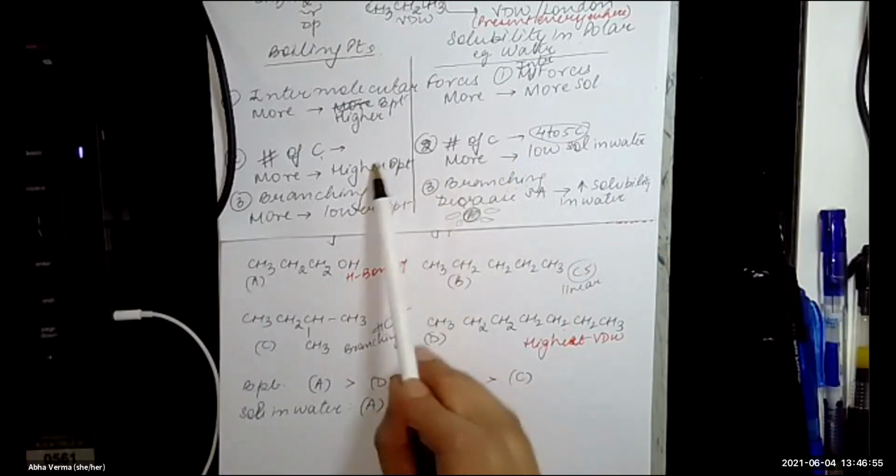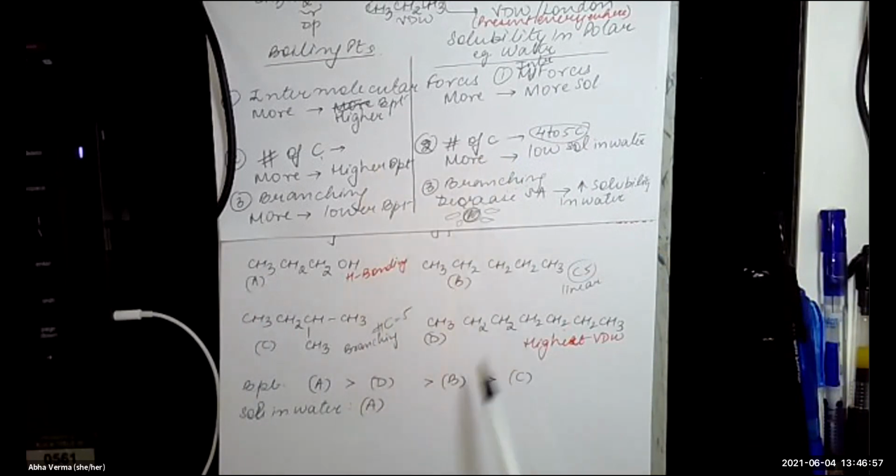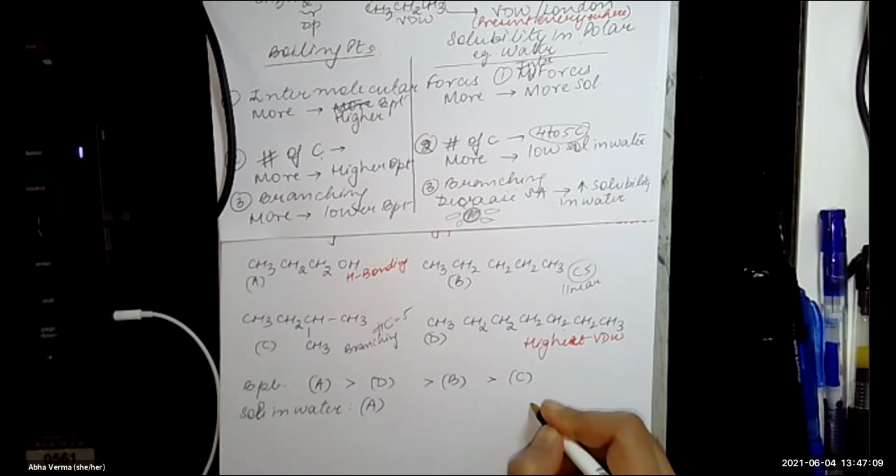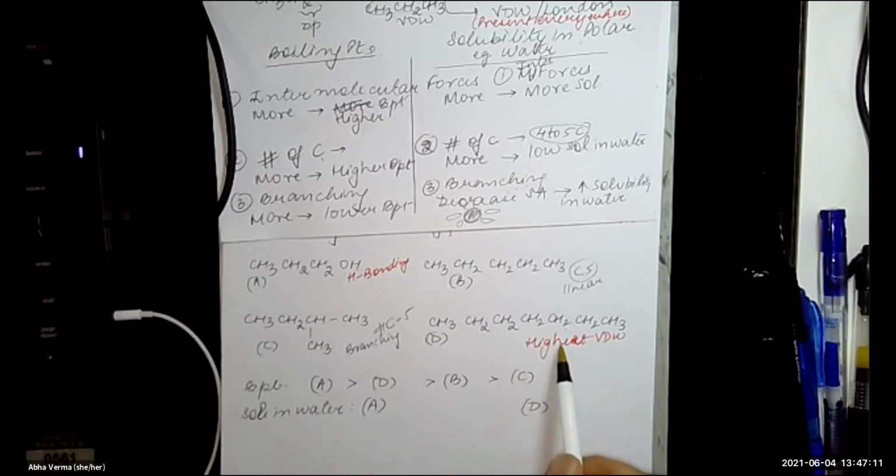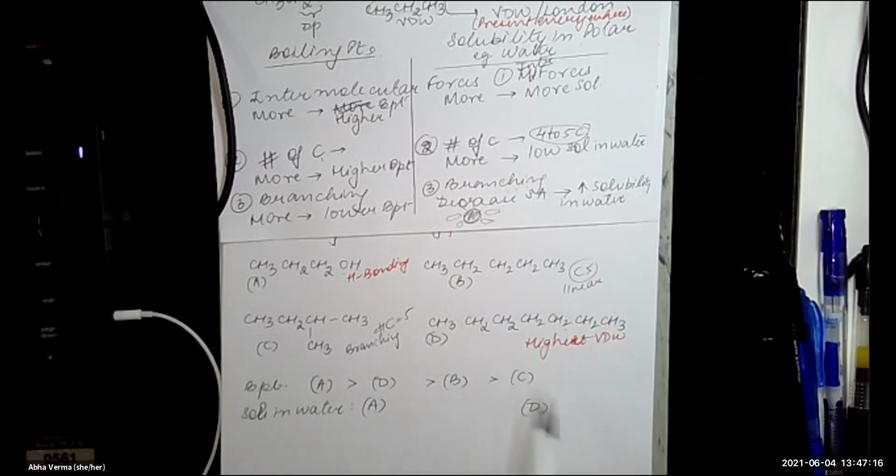My number of carbons are most in this molecule. And so instead of being a high solubility in water material, this will be my lowest in solubility of water. More surface area means low solubility in water.